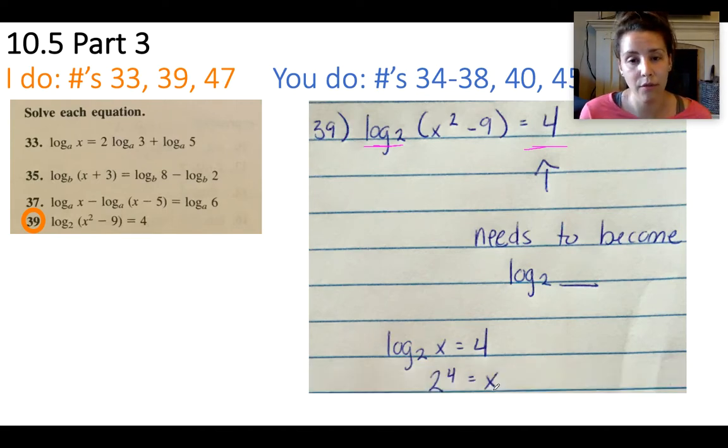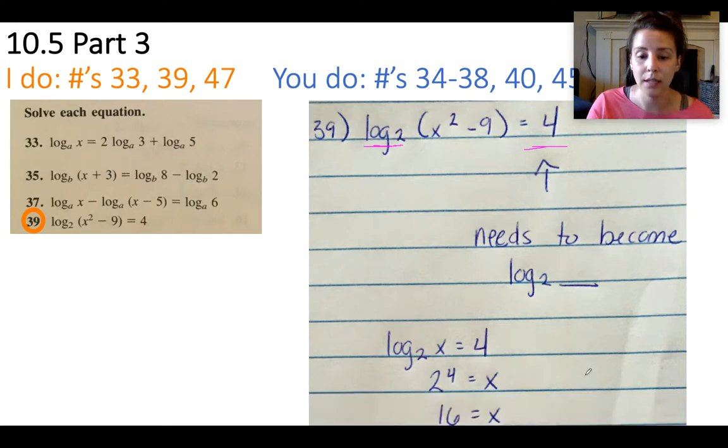So we know 2 to the 4th is equal to x, and 2 to the 4th is 16. So if I'm needing a log with a base of 2, this has to be 16.